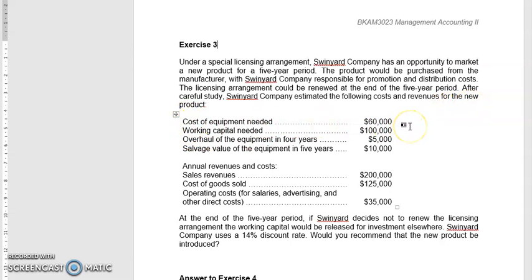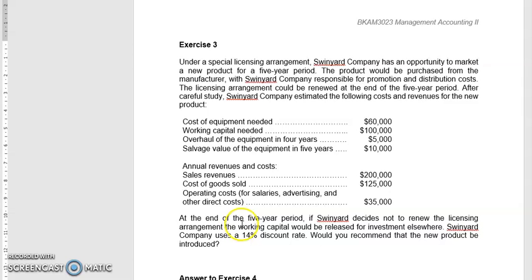So this is the cost of equipment, working capital needed, overhaul of the equipment in 4 years, salvage values, and then annual revenues and costs: the sales revenues, the cost of goods sold, operating costs.